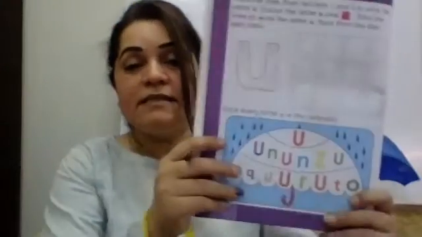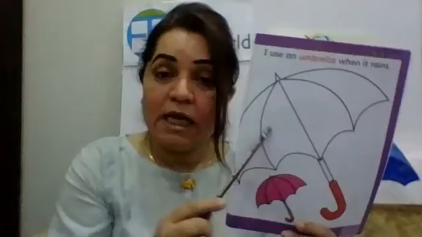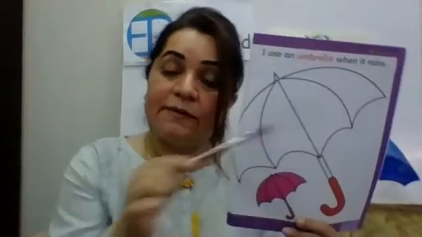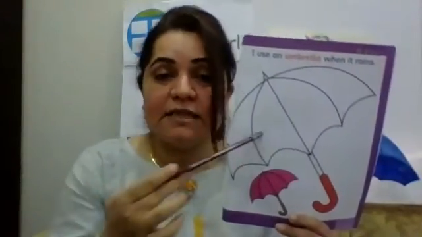So now this line you're going to do as your homework. You're going to color the U pink, and you can even color the umbrella. Now it's up to you whether you want to make the whole umbrella pink, or maybe you want to use another color, or you can take multi-colors and color the umbrella, right?